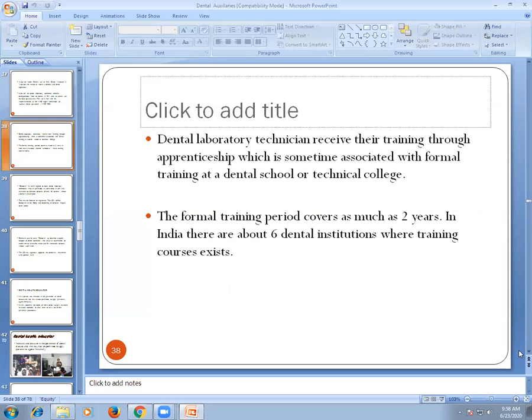Dental laboratory technicians receive their training through apprenticeships, which is sometimes associated with formal training at dental schools and technical colleges. The formal training period goes up to 2 years. In India, there are about six dental institutions where training courses exist.